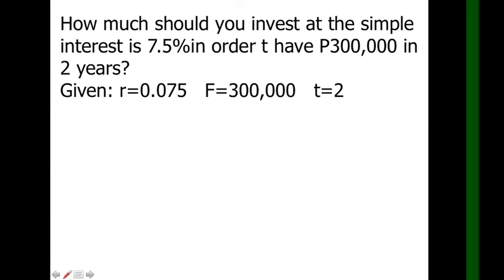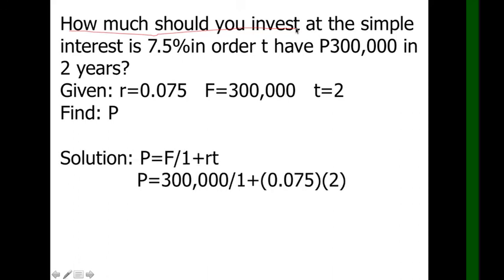Ang hinahanap mo dito is magkano daw ang ilalagay mo sa bangko. Okay? So, ang tinatanong niya is yung amount na ilalagay mo sa bangko. Pwede yung original amount. Ito yung principal. So, magkanong principal daw ang ilalagay mo sa bangko para ikaw ay magkaroon ng 300,000 which is your future value in 2 years. So, meron tayong find P.